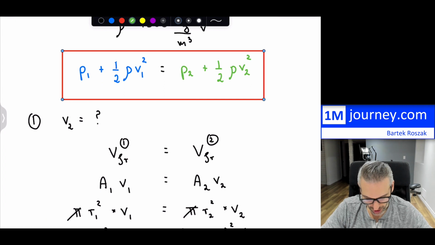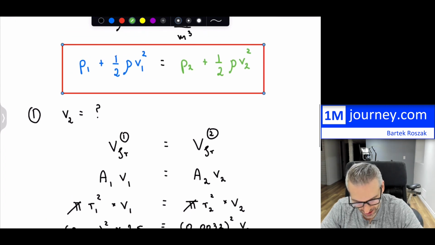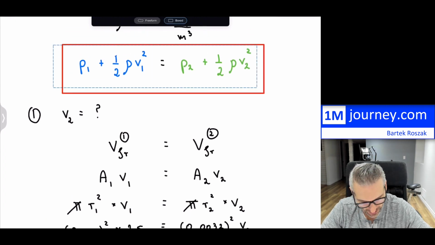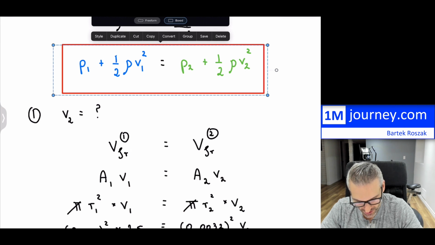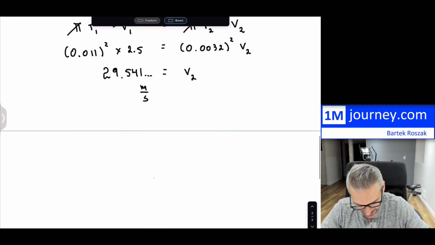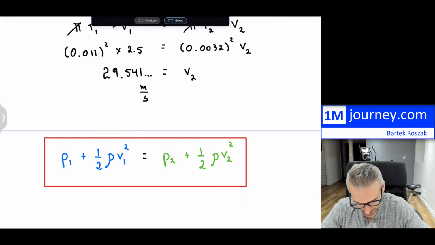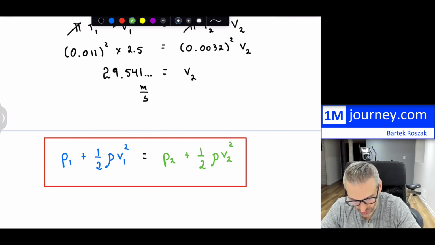Now, with all of this, let's write down the entire formula and everything that's given. Let's copy this, bring it down, and start filling out what we do know.